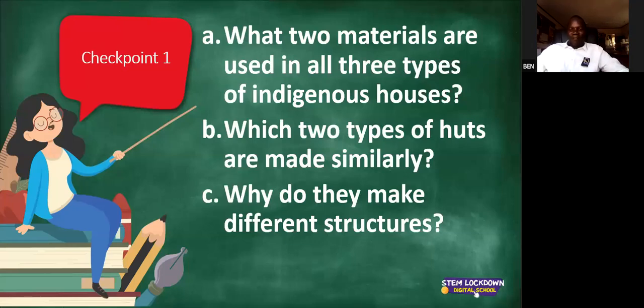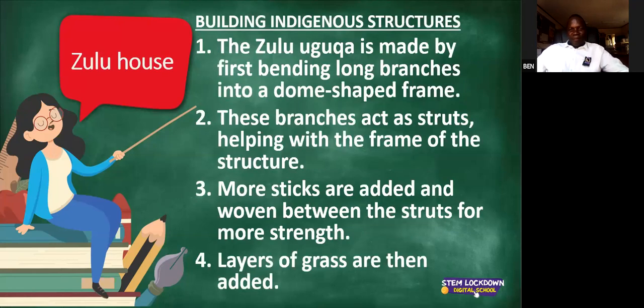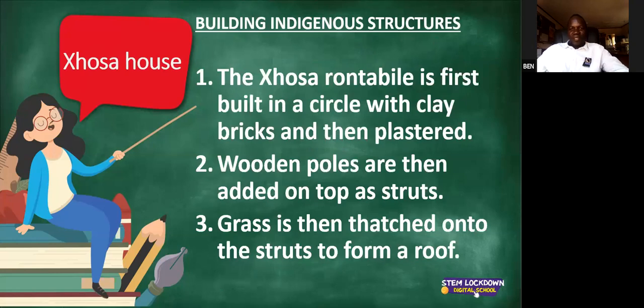If you have seen that film Shaka Zulu, the Zulu people used to be involved in a lot of wars in the past. So they used to move from one place to another as well because of fighting. So that is why the type of building that they used to build was made of grass.